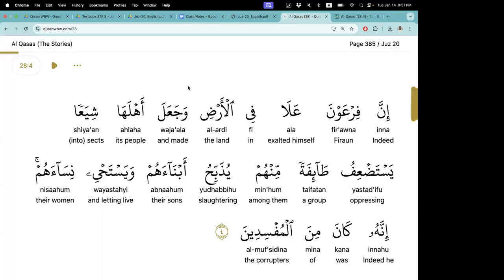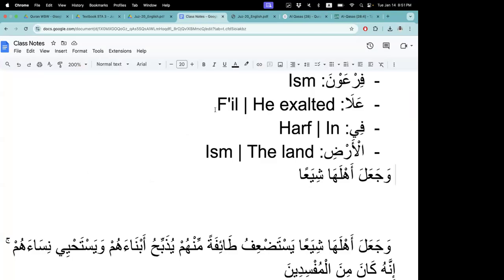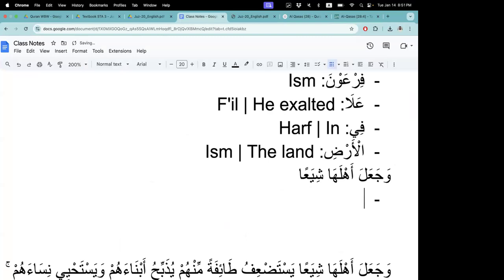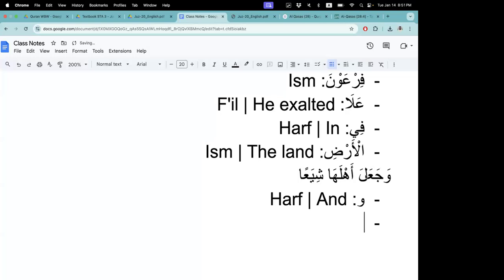Okay, let's write this out. وَجَعَلَ أَهْلَهَا شِيَعًا. We have wa. Wa is a harf, which means and.